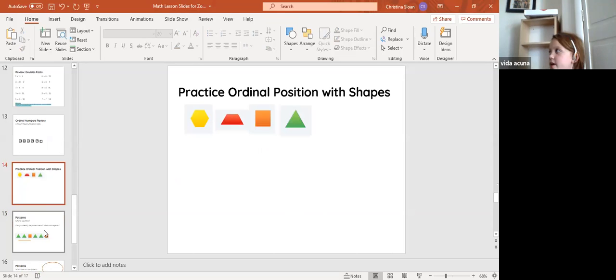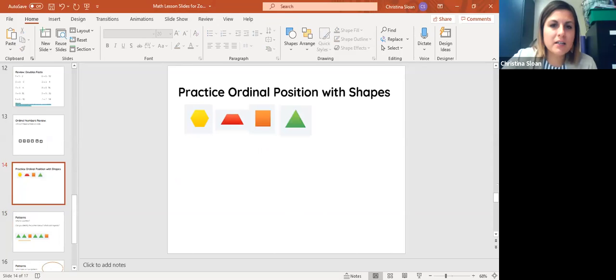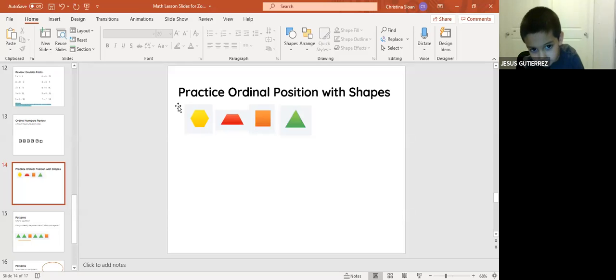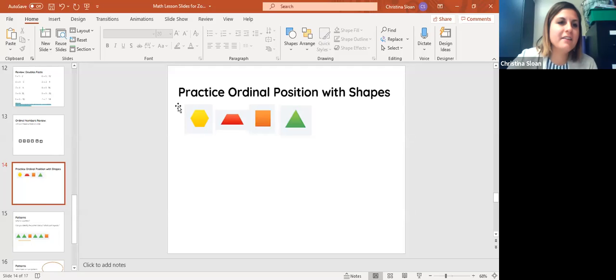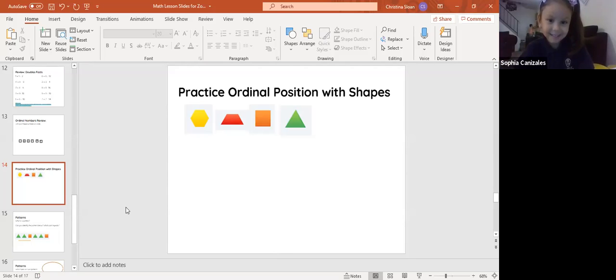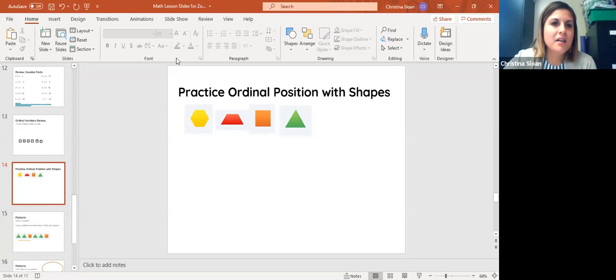And let's practice a little bit more. Hey, Jesus, what color is second in this line? Red. Very good, Jesus. Thank you. Sophia, what color is last in this line? Green. Awesome job, Sophia. Thank you.